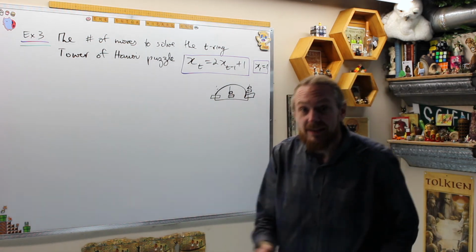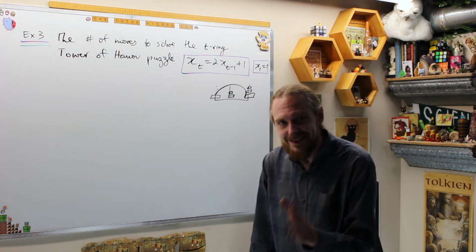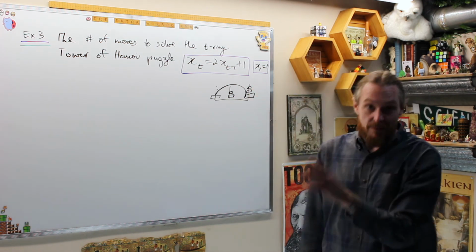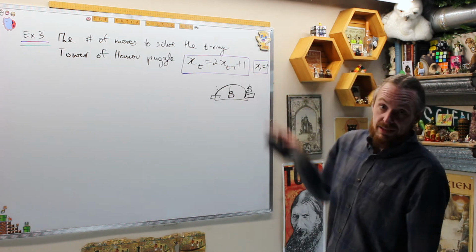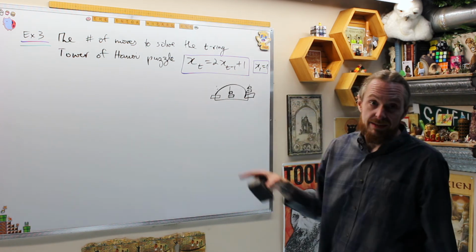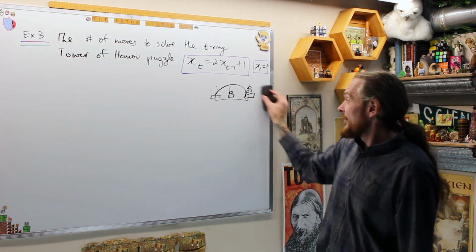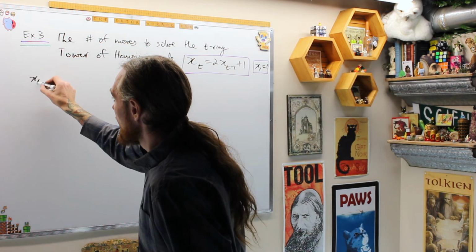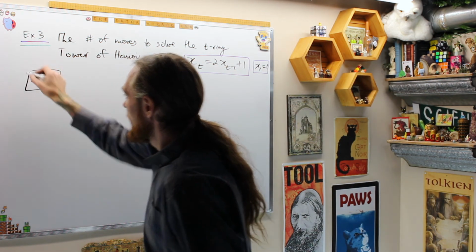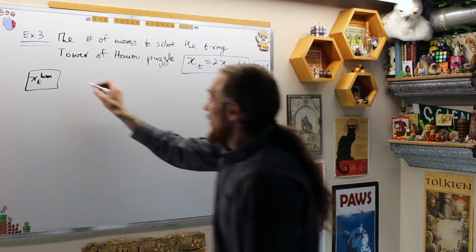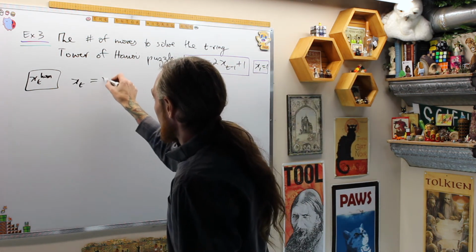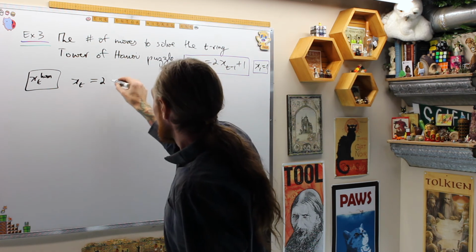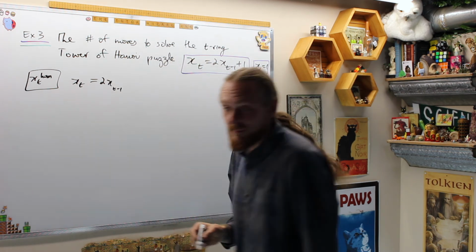Now how do we systematically use that horrible non-homogeneous theorem to solve this first order non-homogeneous constant coefficient linear difference equation? First of all, the homogeneous part. What we do, and you will like this a lot, is we kill the function. So that's just going to be x_t minus 2x_{t-1}.